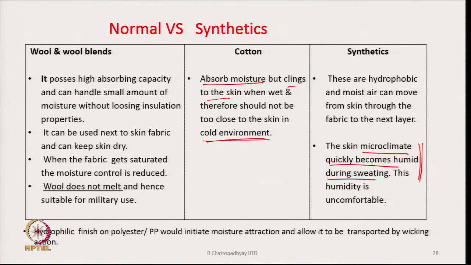So, it is going to accumulate there, and once it reaches the saturation point, the sweating will start, and that will lead to discomfort. So, quickly a person is going to feel discomfort, and that is the only negative aspect of synthetics.